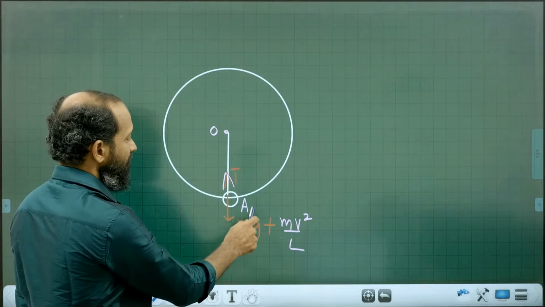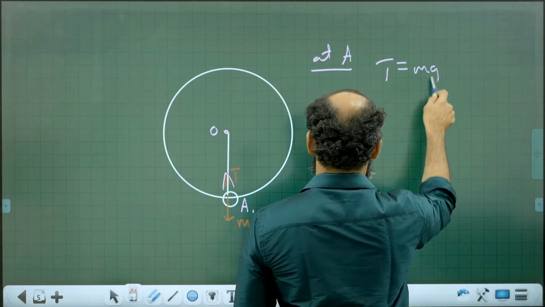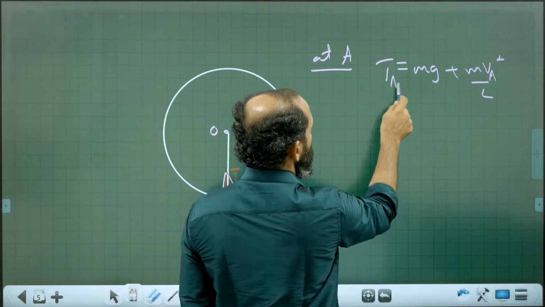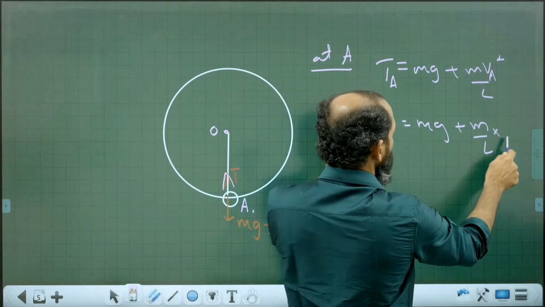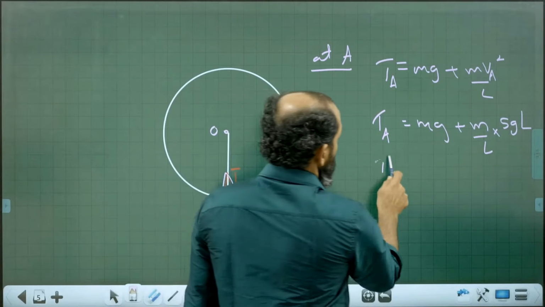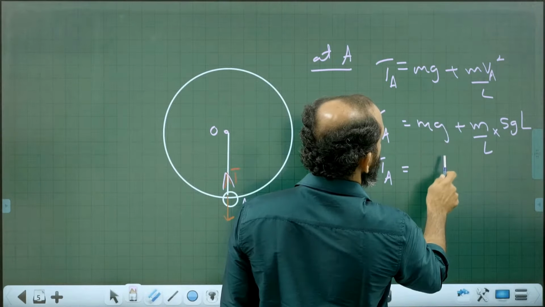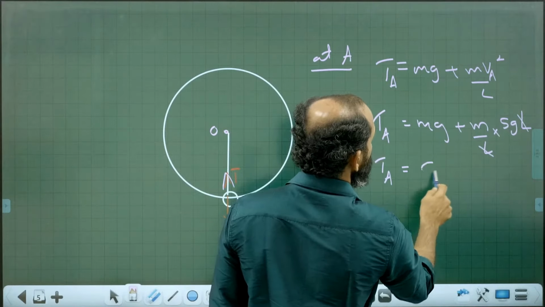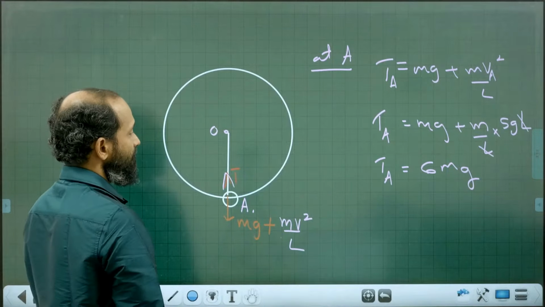At A, T is equal to mg plus m vA square by L. So TA equals mg plus m by L into vA square, which is 5gL. That is 5 mgL by L plus mg, L gets cancelled. 5 mg plus mg, that is 6 mg. So the tension at A is 6 mg.